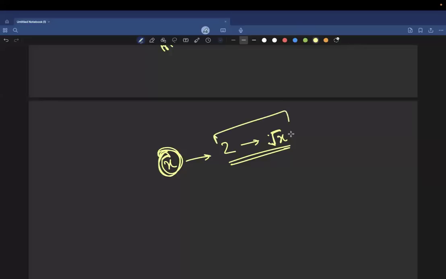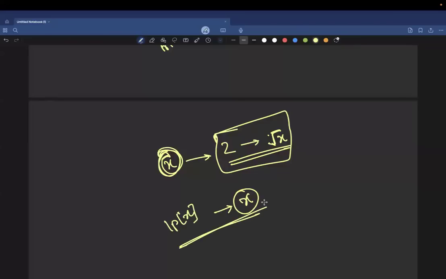And if you don't find any divisor of x in this range, in that case x must be a prime number itself, so its lowest prime number divisor would be the number itself. So this is a way in which you can find out the smallest prime factor of x.